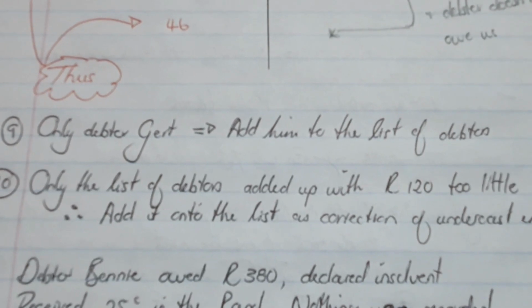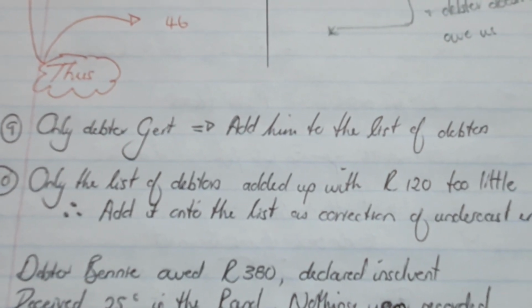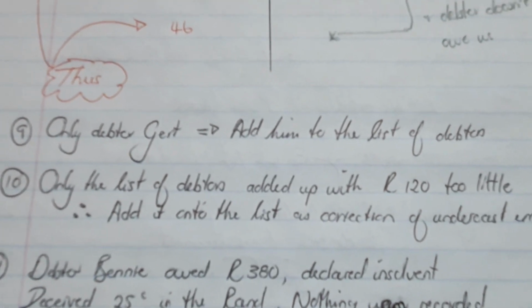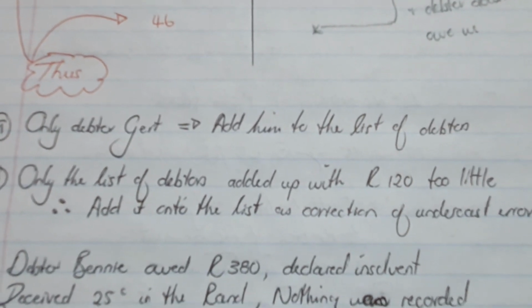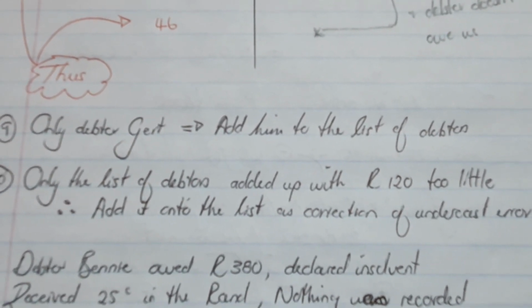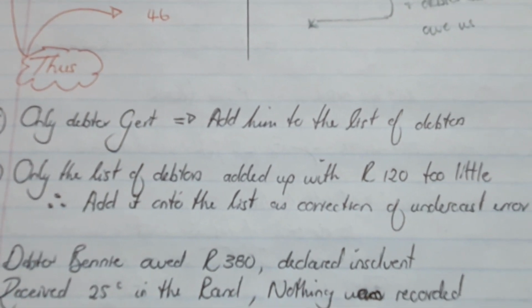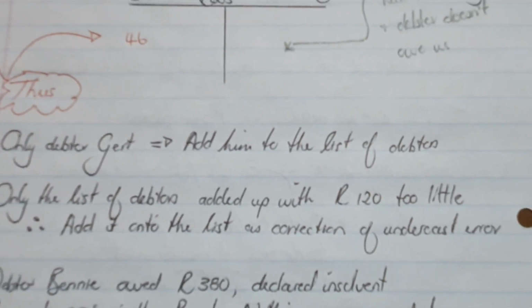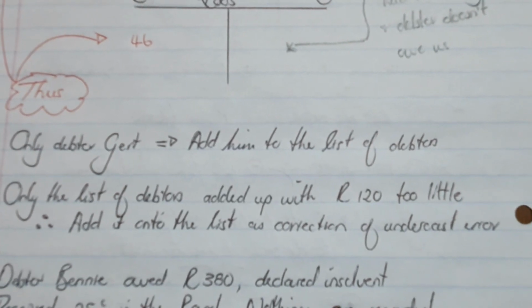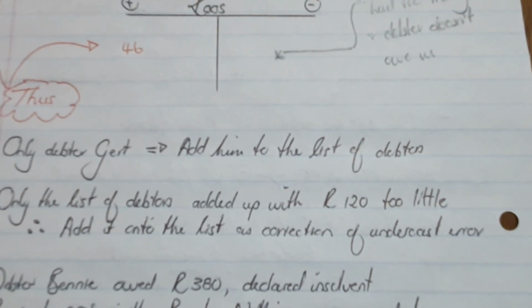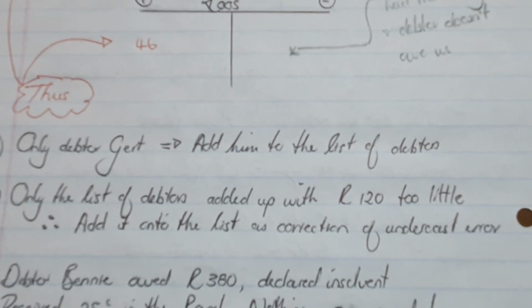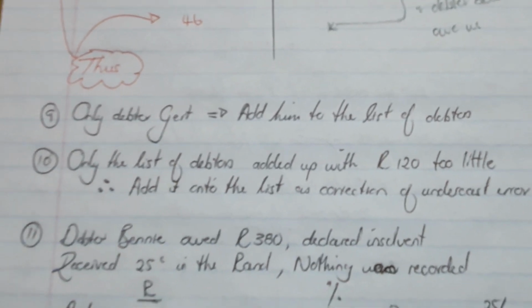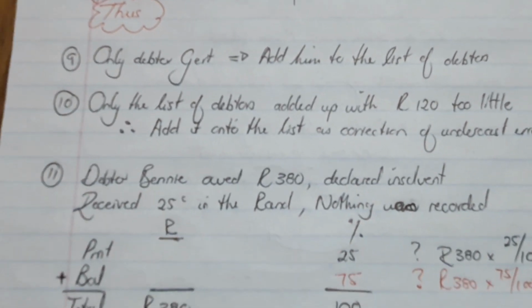Now, because the balance that was given to us, or the total of the list of debtors, the 7,180 Rand, was added up with 120 Rand too little, undercast, now we need to make this correction by adding this 120 Rand as a correction to the undercast error on the list of debtors.